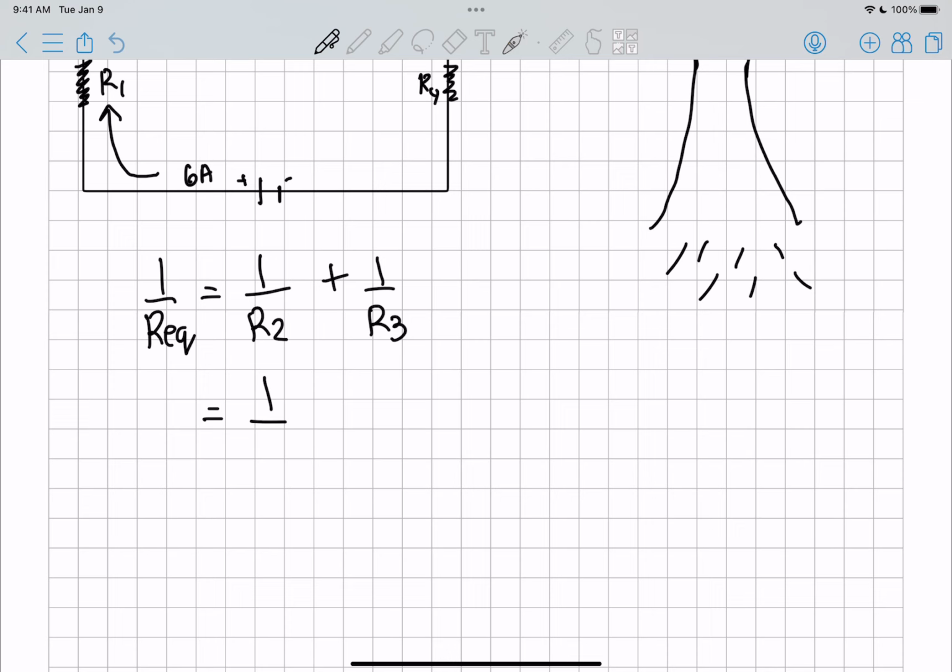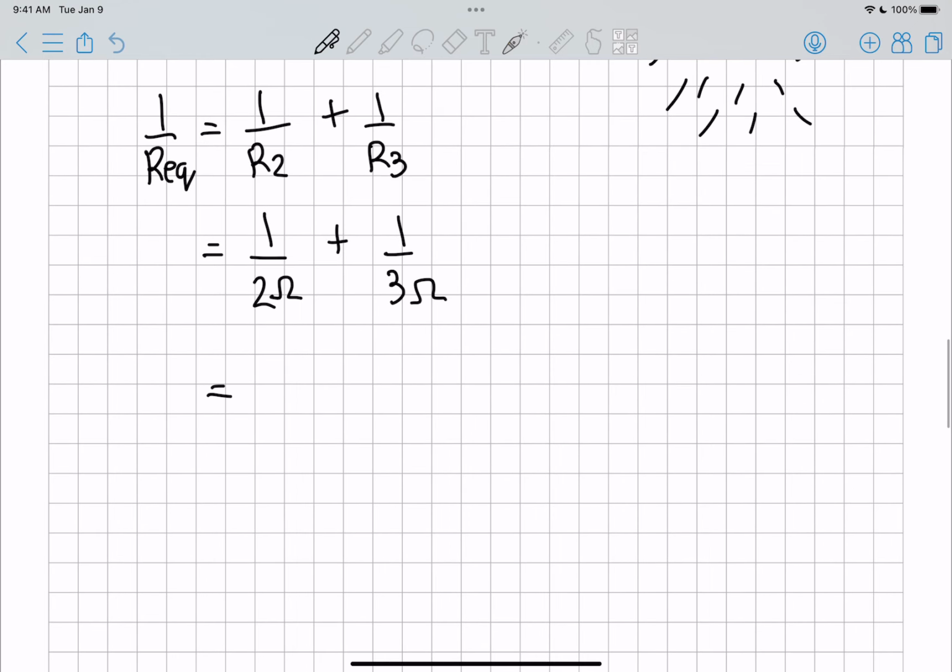So if this was 2 ohms for R2 and 3 ohms for R3, then this is 3/6 and 2/6, so 5/6. That's the sum there. But 5/6 is not the resistance of the equivalent resistor, that pseudo-combined resistor.